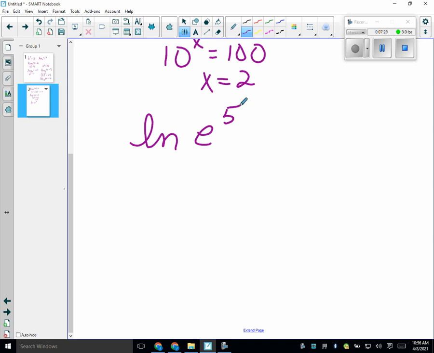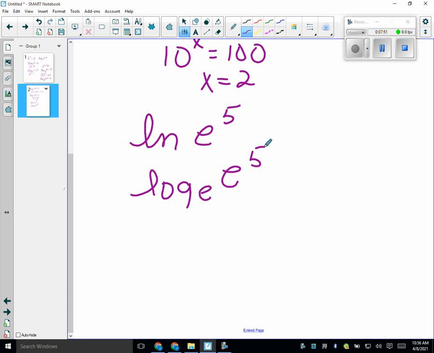This is the same thing as log base e of e to the 5th. Log base e on your calculator is ln. Did you know that? Now you do.